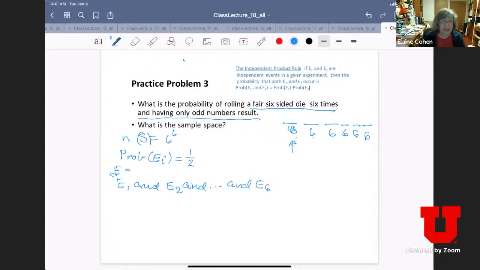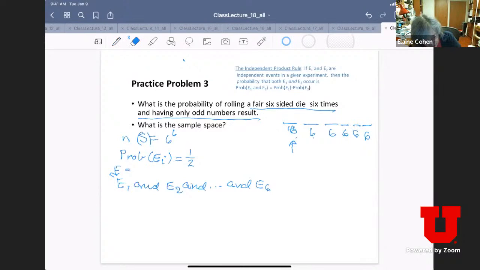Now, are the Ei independent? Does the ith roll affect the result of the jth roll? They're independent. Yes, very good. The rolls are not affected.